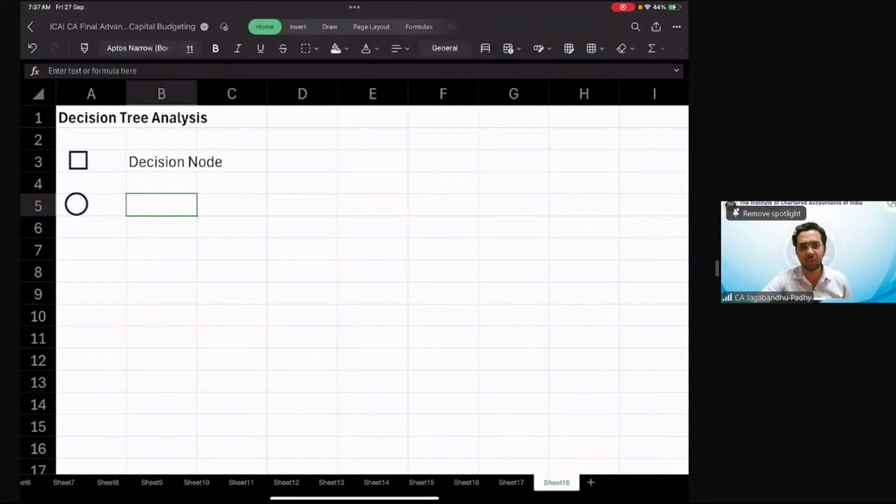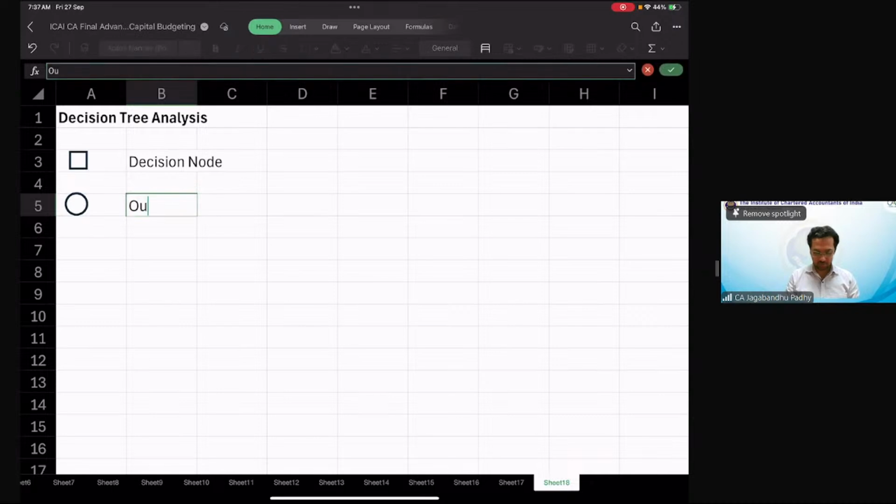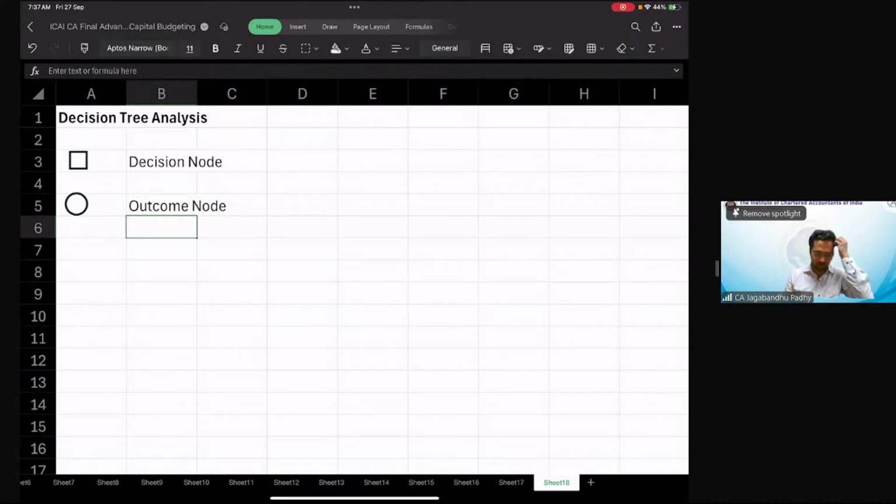Just follow these nomenclature and conventions when we are drawing the decision tree. The square indicates the decision node, and the circle indicates the outcome node. I may be using this square and circle, so before you get confused, I thought let me give you the conventions.